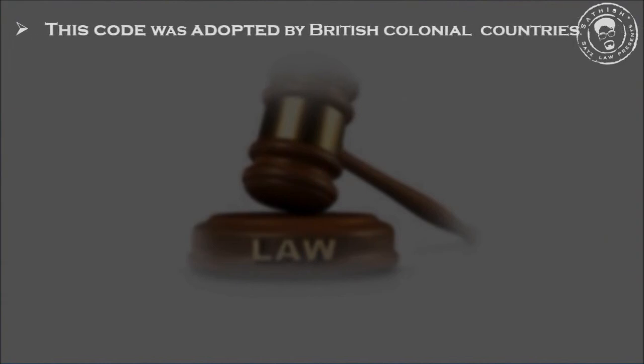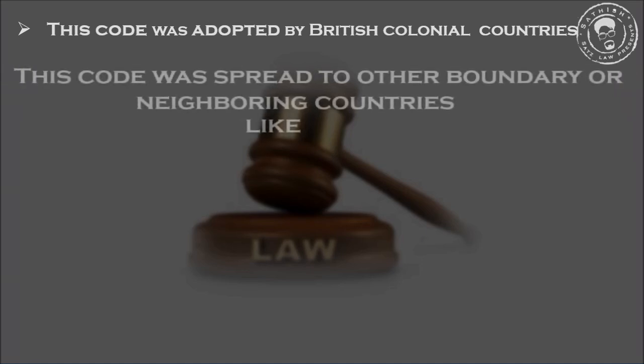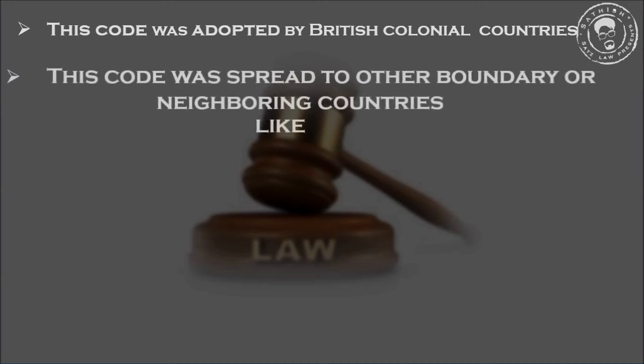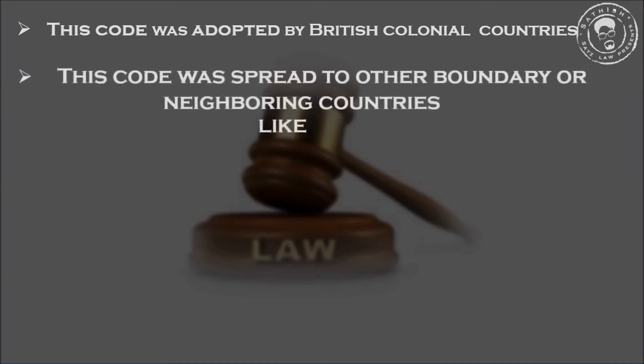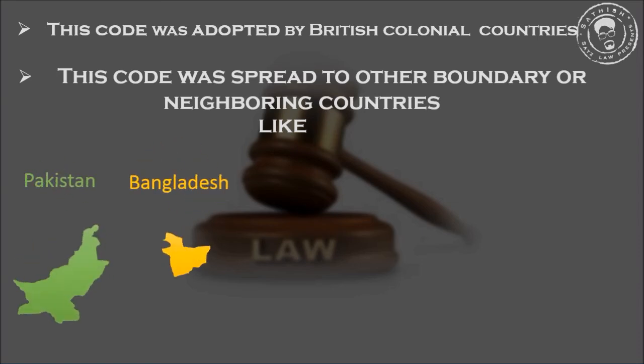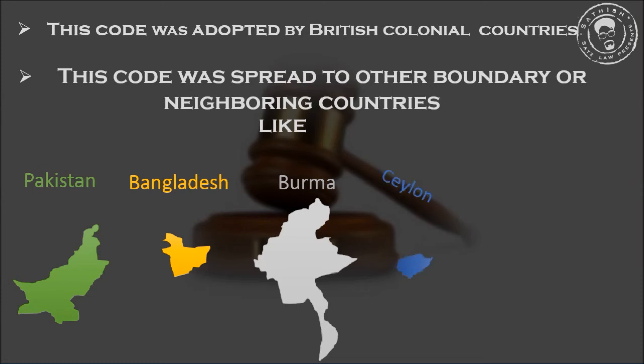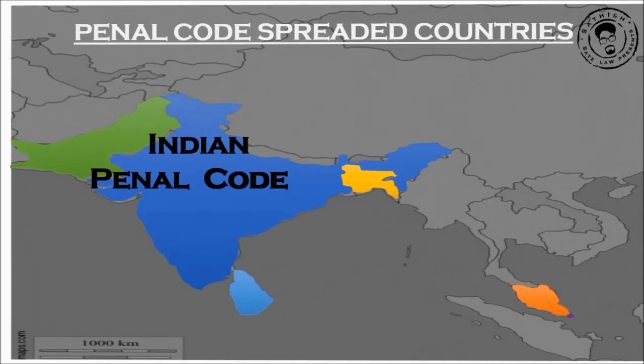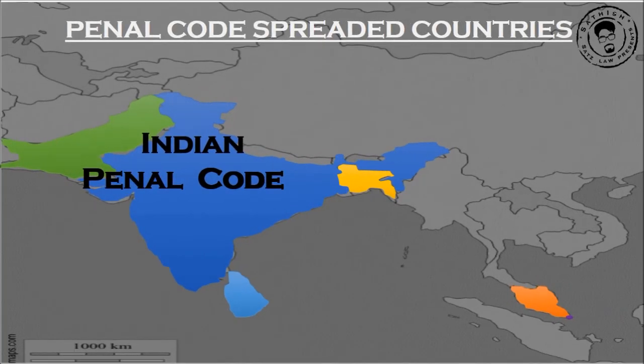This code was adopted by British colonial countries. It spread to neighboring countries like Pakistan, Bangladesh, Burma, Ceylon, Malaysia, and Singapore. This illustration makes it clear.